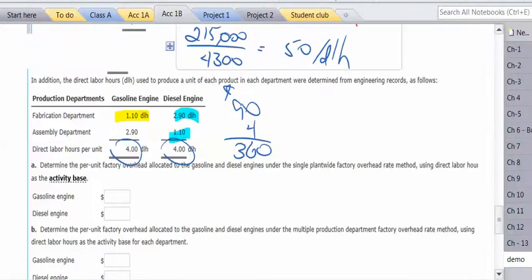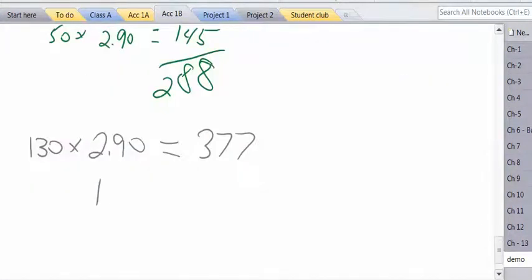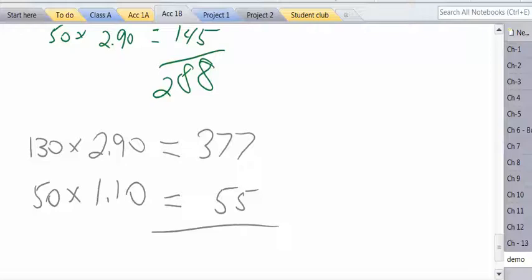Okay. Now, at the $50 rate, they use 1.1 for the diesel engine. So 1.1 times $50. That's $55, of course. We can add those together.